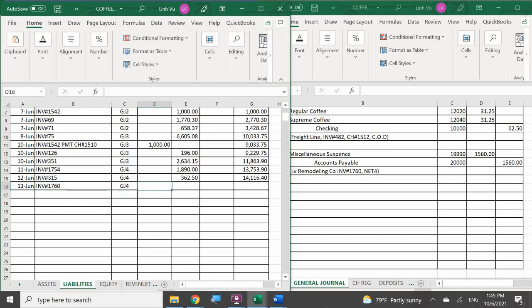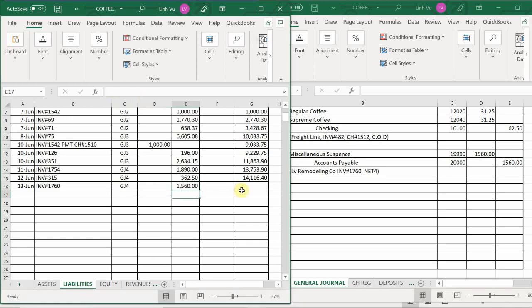We're going to increase it by 1560. So what is my total ending balance here? 15,676.40. Good.